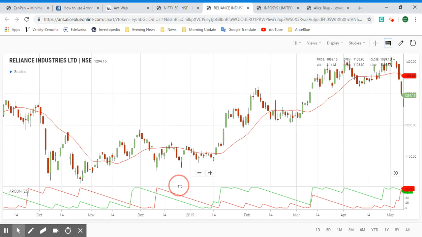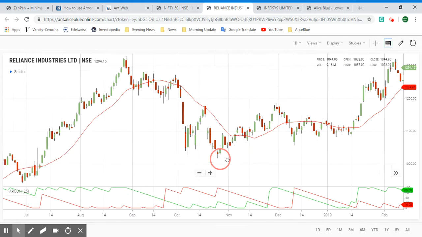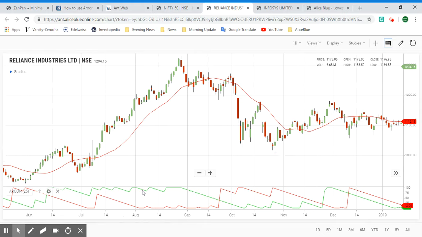Let's see. A surge in the upward Aroon Up and a decline in the downward Aroon Down indicates an upward trend. So this specific upward trend here, and here specifically, the Aroon Up is trending high and the Aroon Down is declining.